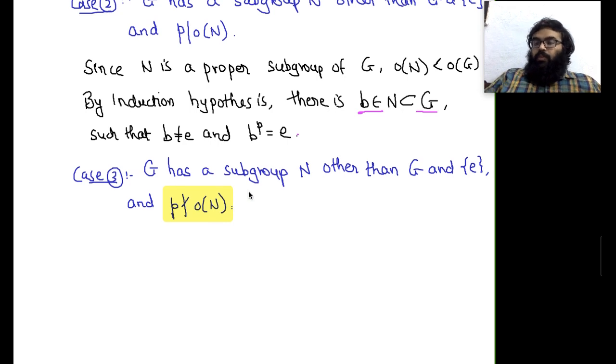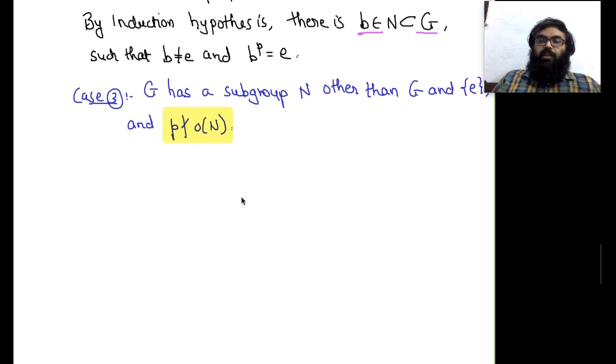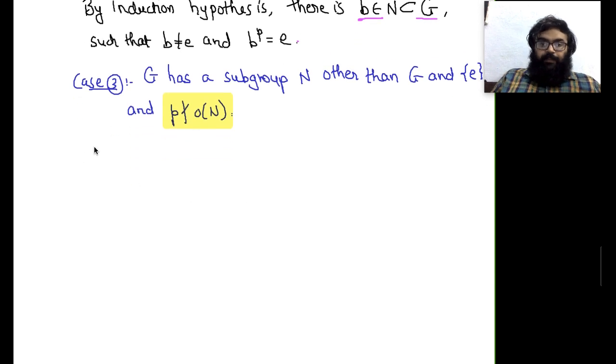Right? So G has a proper subgroup, and P does not divide the order of that proper subgroup. So then some work has to be done. This is the last case. So since G is abelian, we know that all subgroups of an abelian group are normal.